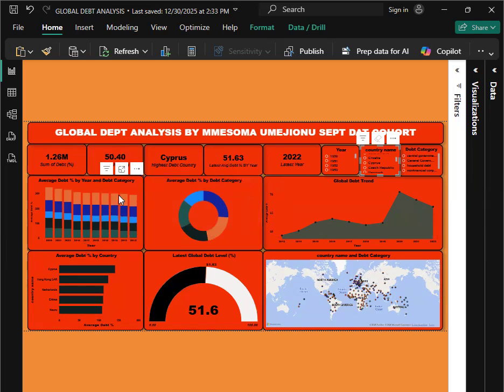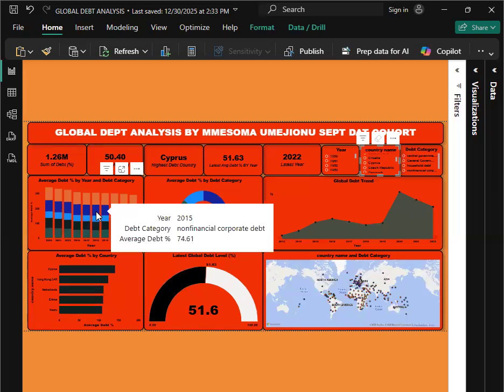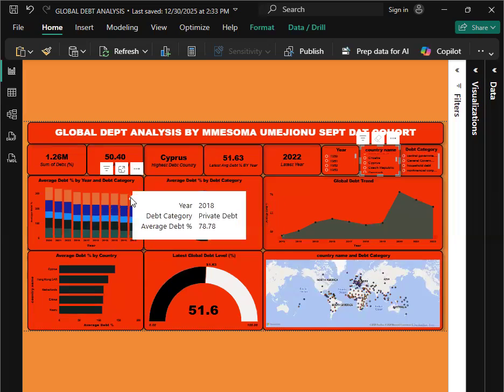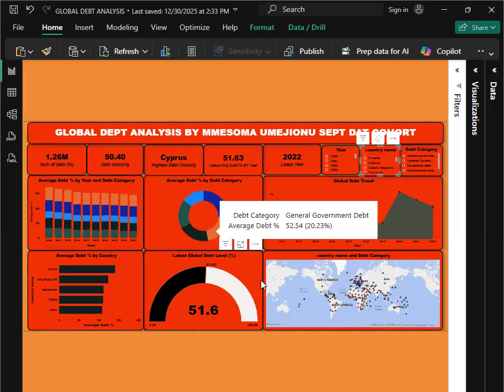While the composition remains relatively stable, total debt level shows minor fluctuations over time rather than sharp swings. This suggests that the global debt growth is steady and structural, not driven by a single debt category.